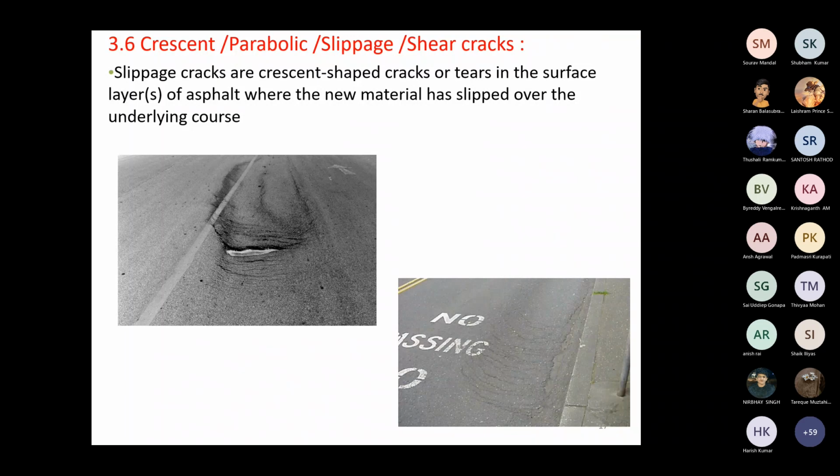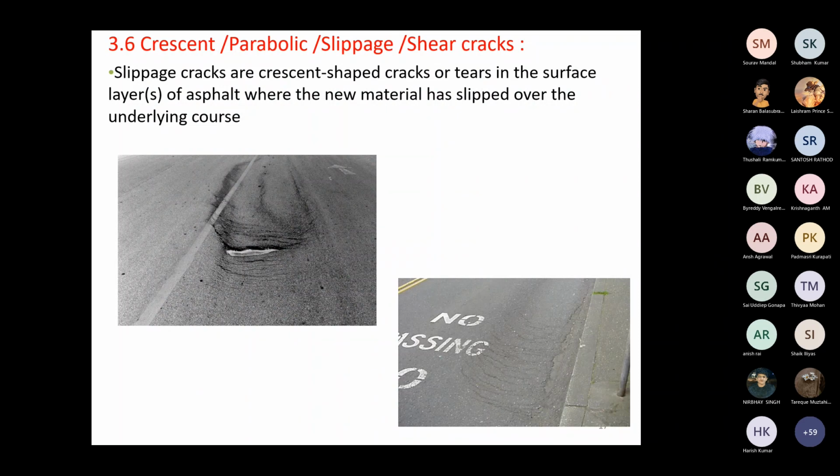Then there are crescent or parabolic or slippage shear cracks. Slippage cracks are crescent-shaped cracks or tears in the surface layers of asphalt where the new material has slipped over the underlying course. For example, if you are providing a new surface or an overlay over the existing surface, and sufficient tack coat is not provided, so there is no bonding between the two layers, the material will strip off and come off.